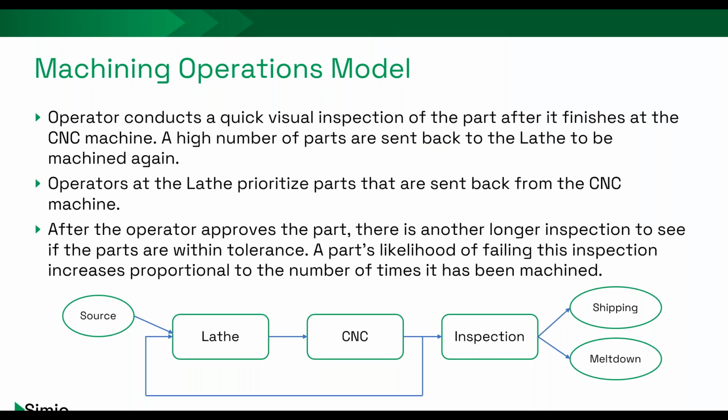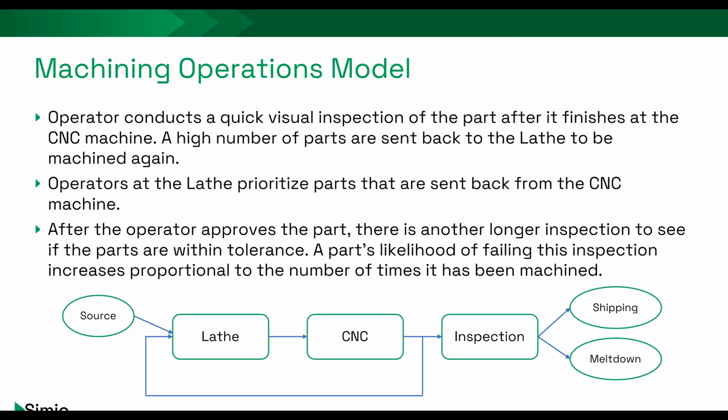After a part has been approved by the operator at the CNC machine, there is another inspection at its own station because it takes a little bit more time, because we're checking with measurement tools to see if those parts are within the tolerance. A part's likelihood of failing this inspection increases proportional to the number of times that it's been machined, as these are material removing operations, and therefore it is more and more likely that it will not fit within those geometric tolerances.